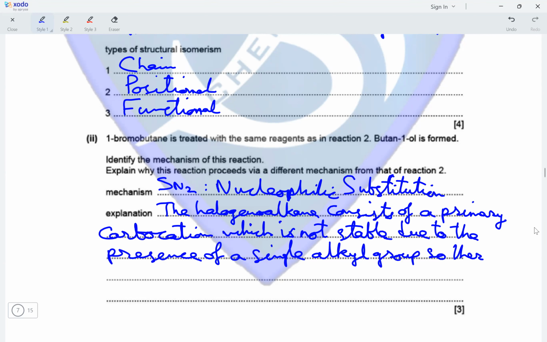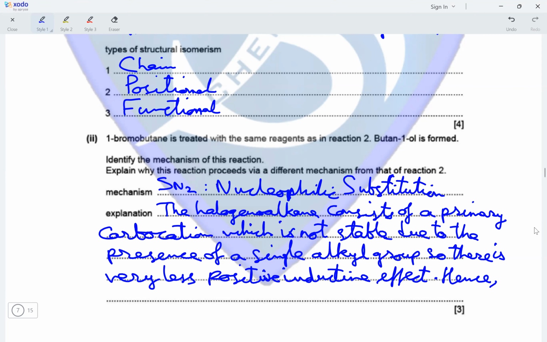So there is very little positive inductive effect.